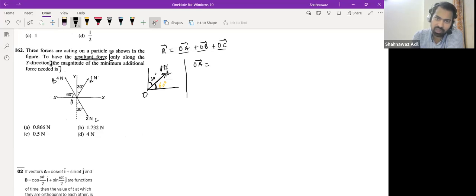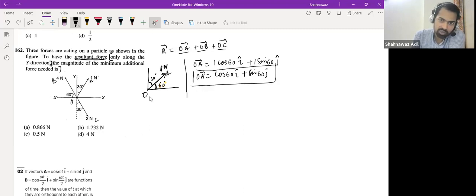Magnitude is 1, angle is 60. Okay, so cos 60. So 1 cos 60 i hat plus 1 sin 60 j hat. This would be the OA vector, right? So cos 60 i hat plus sin 60 j hat. This is OA vector.